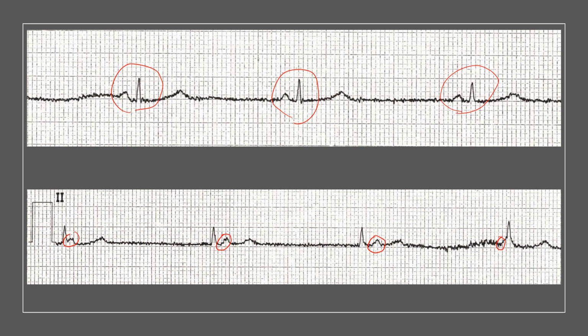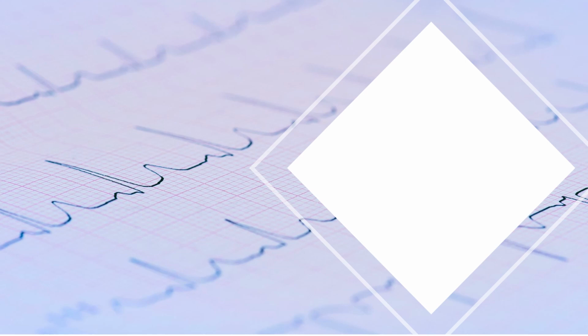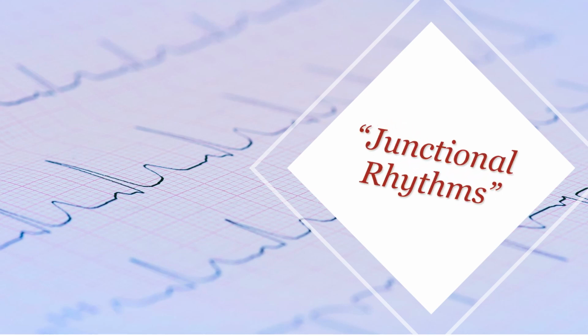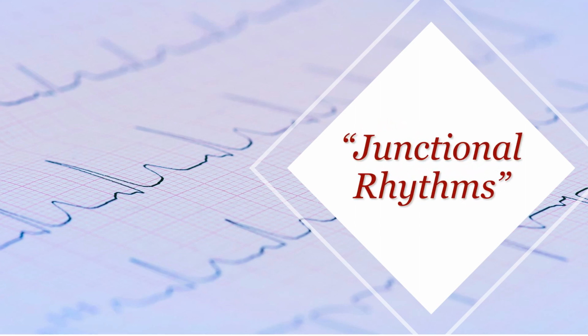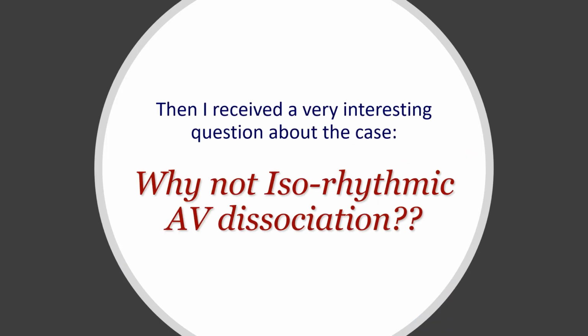And if you remember, our diagnosis in the previous case was junctional rhythm. So we discussed all sorts of junctional rhythms in the previous case, and now we're going to revisit the case, and that is for that reason.